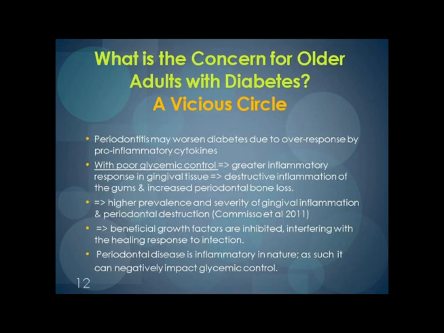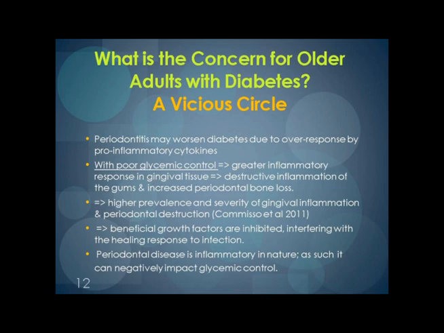A vicious circle. Periodontitis may worsen diabetes, but due to the over-response of inflammatory regulators in the body, this in turn can lead to poor glycemic control, which leads to greater inflammatory response in the gum tissue, which leads to further destruction of the bone supporting the teeth.